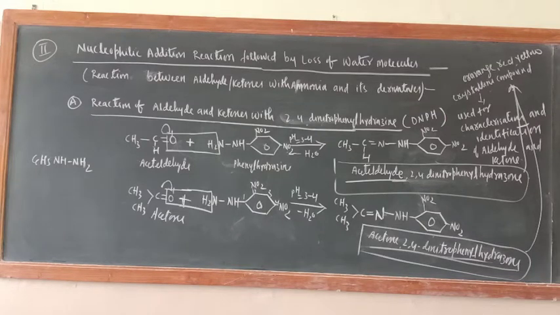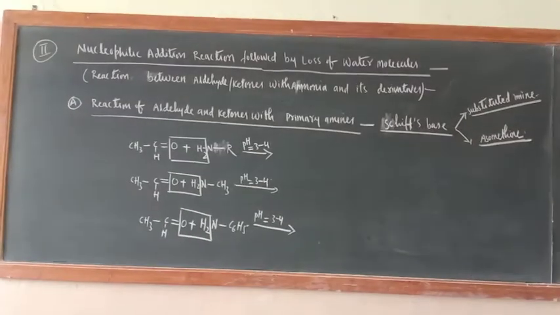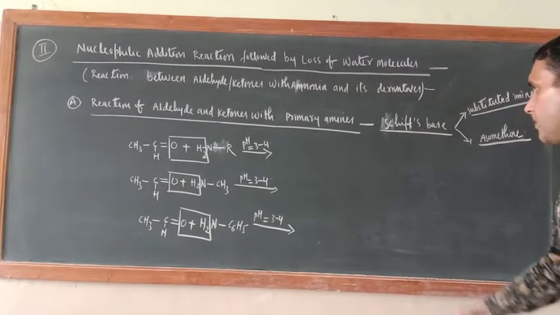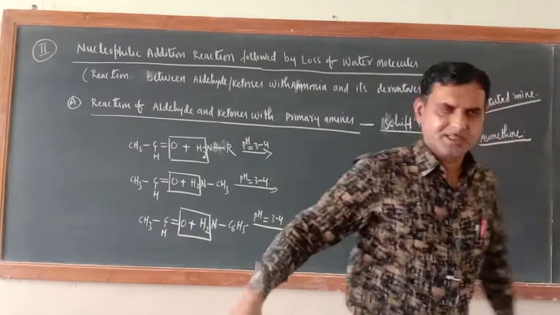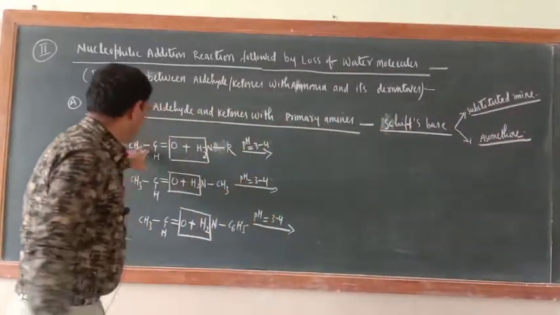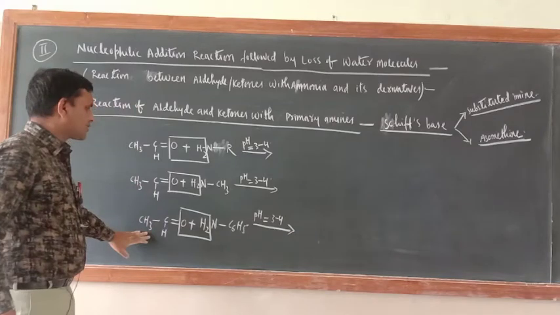Now one more compound is left. What is that one? Reaction with primary amines. Schiff base will be the product. So, reaction of aldehydes and ketones with primary amines. Just see, this is an aldehyde, this is also an aldehyde, this is also an aldehyde.